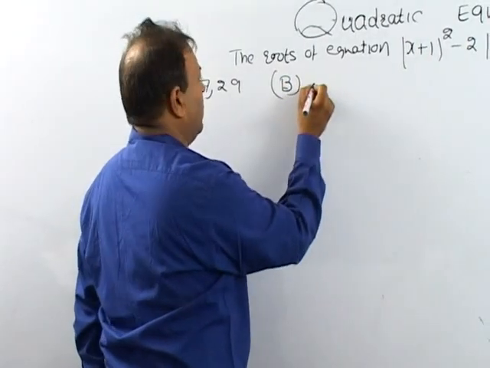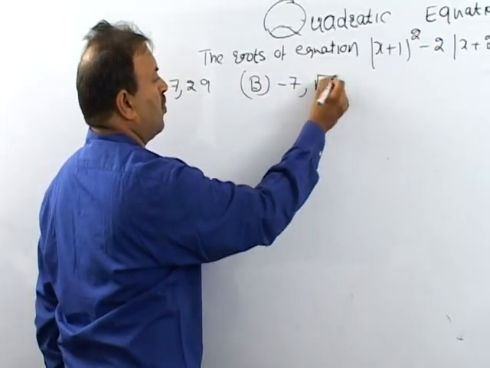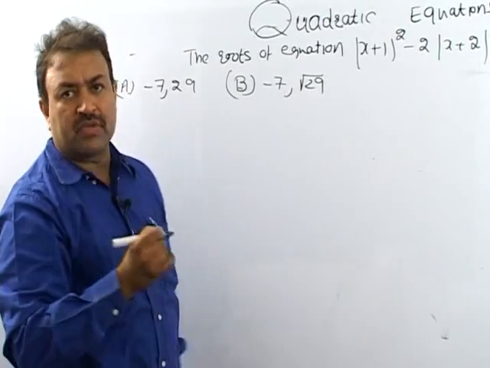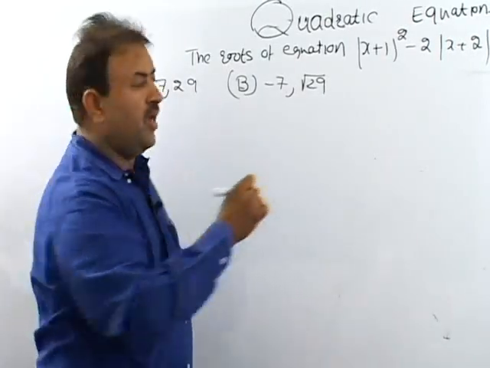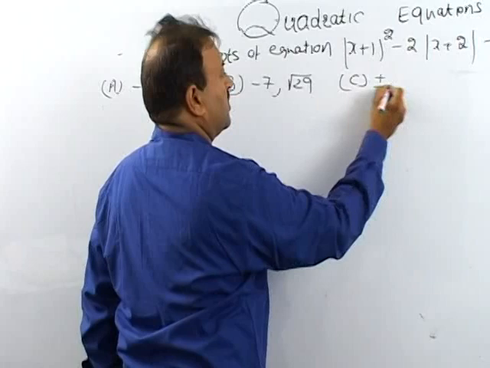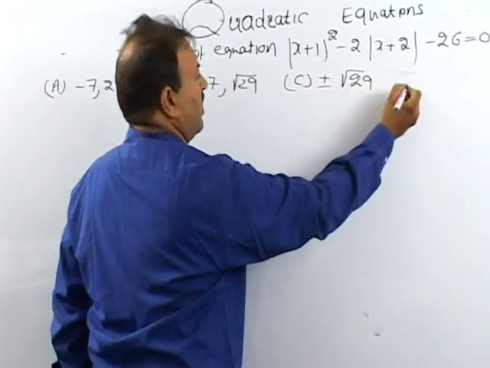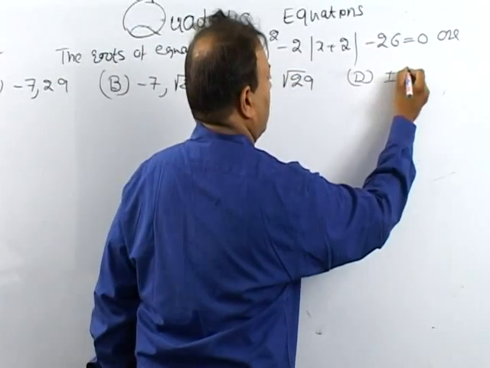B option is minus 7 and root 29. Option 3, C, plus minus root 29, and D option is plus minus 7.